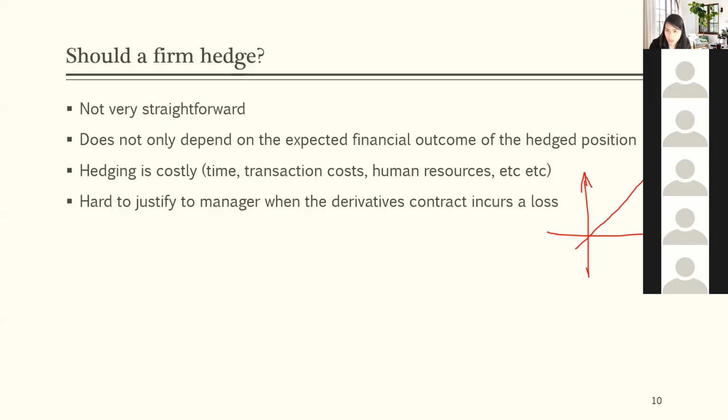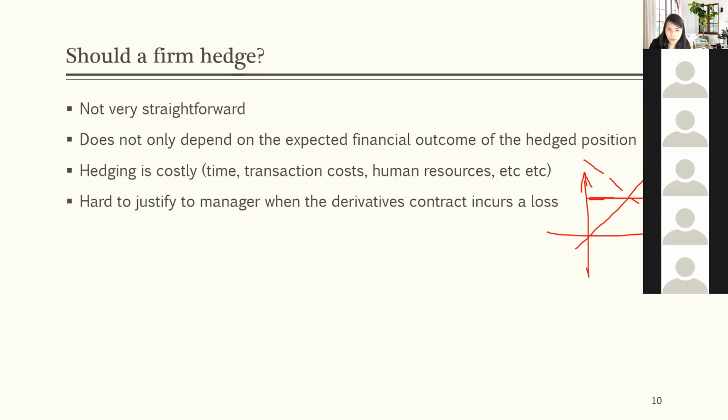And to hedge this position, you want to enter into a short forward contract, right? So that your overall position is going to be this flat line over here. So it's very easy to justify that this is a position where you have zero exchange rate risk.